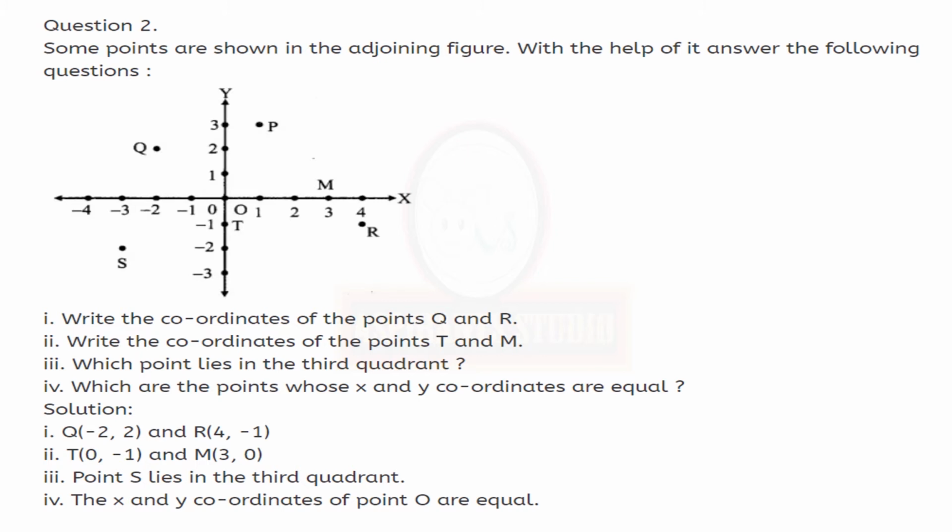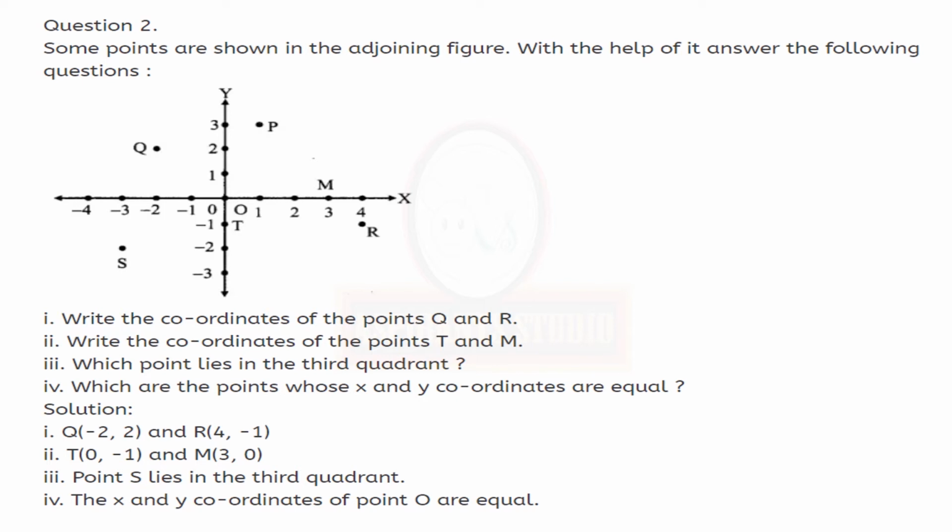Now coming to the next one. Write the coordinates of the points T and M. X coordinate is 0 and y coordinate is -1. So T is ordered pair (0, -1). And for M, it is ordered pair (3, 0), because x coordinate is 3 and y coordinate is 0 because the point lies on the x-axis.